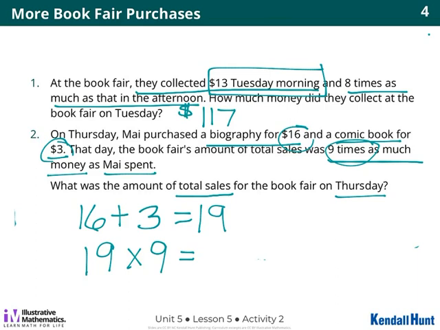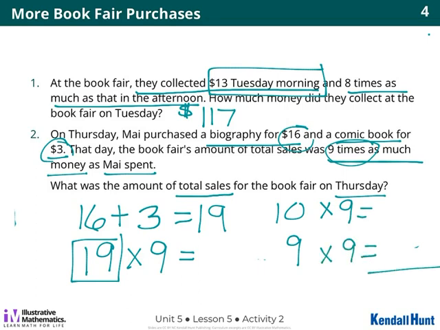Could we break 19 into 10 and 9 and do 10 times 9, 9 times 9, and add those?